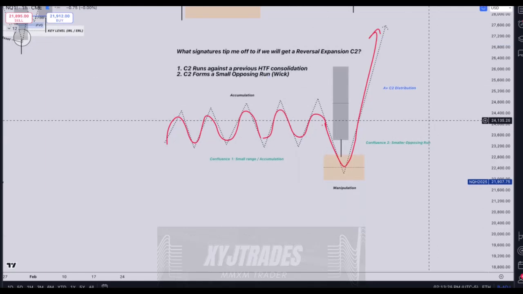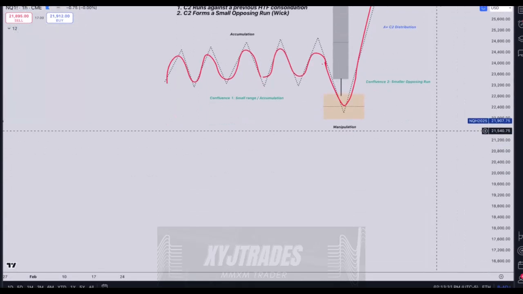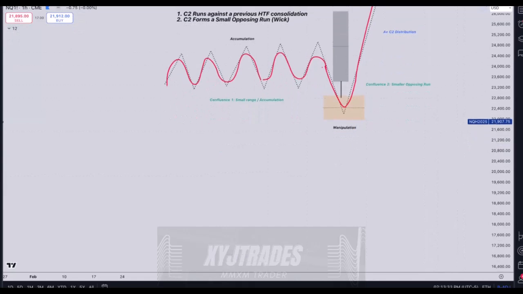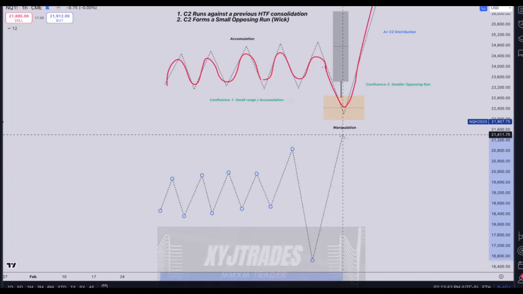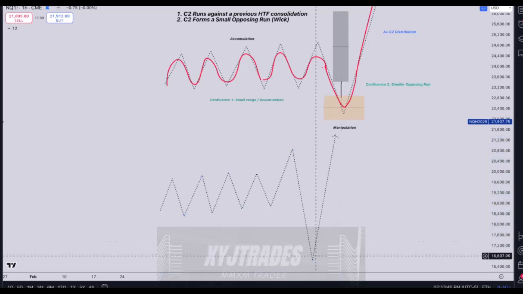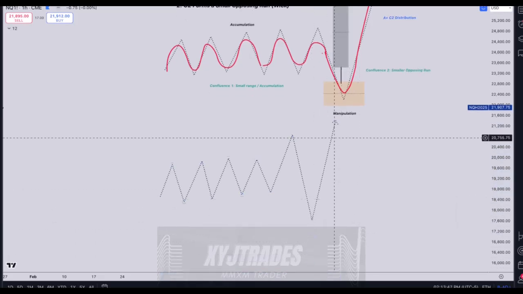Think about the idea of order pairing, okay? What happens if price, instead of doing this, looks more like this? I'm going to draw you another schematic. What's the difference between these two?